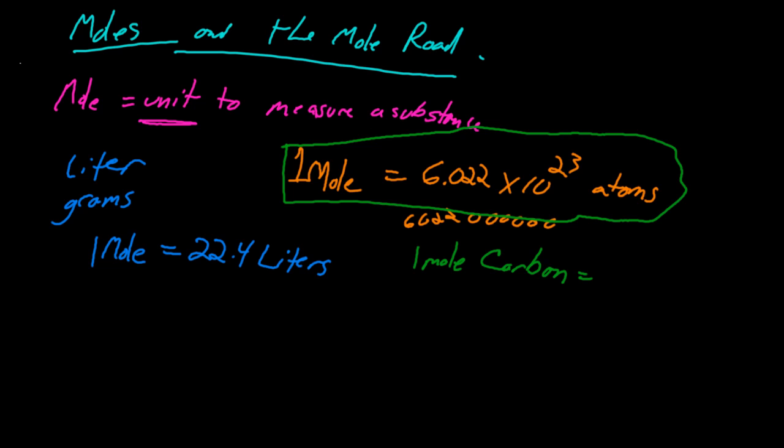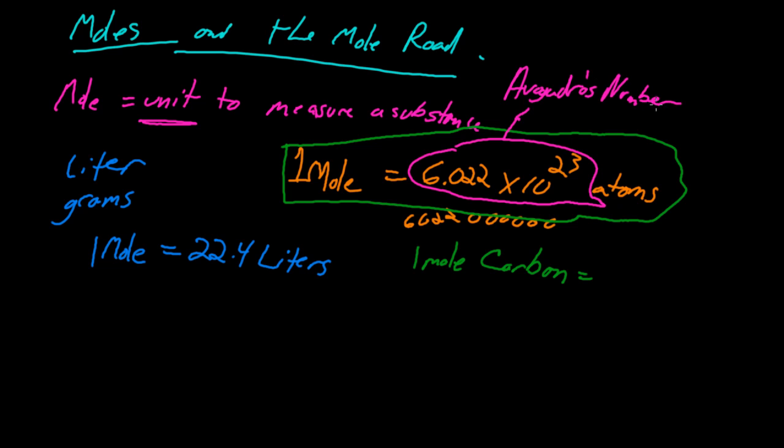And this number, 6.02 times 10 to the 23rd, you may be familiar with it. It's called Avogadro's number. This is a pretty famous number in chemistry. You'll use it a ton. A scientist with the last name Avogadro created it, so it's Avogadro's number.